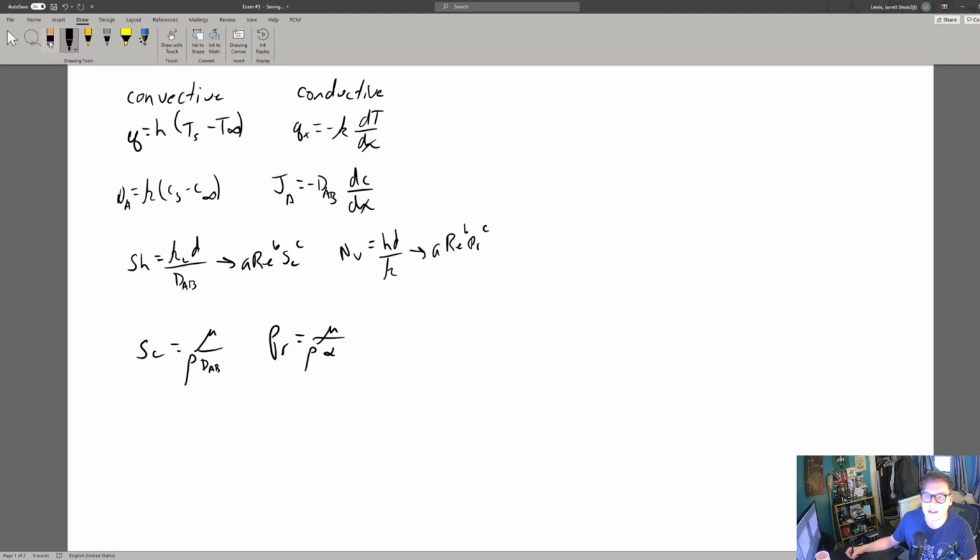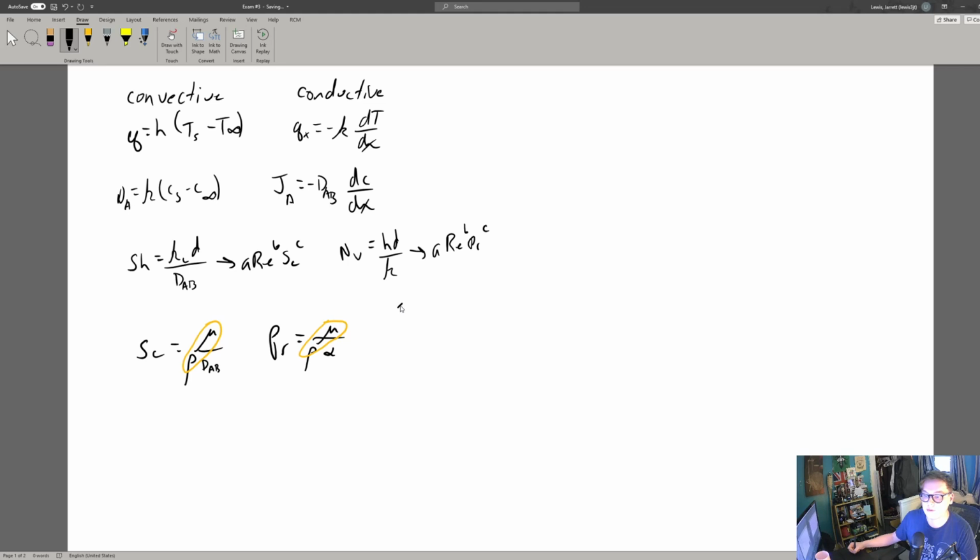And you can see that the terms in these are exactly the same, except that the Schmidt number uses the diffusivity, that'd be the mass diffusivity, and the Prandtl number uses the thermal diffusivity. And we can reduce these two numbers down, the viscosity divided by the density.